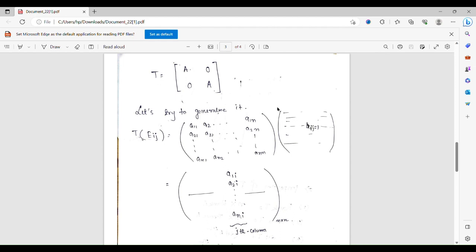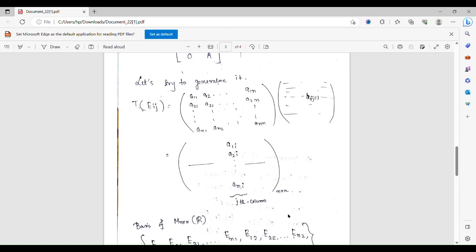Since all the other entries except the ijth entry of this matrix are 0 and only the ijth entry is 1, after doing the product we get all the other entries 0 except that the jth column must be non-zero, and the entries of the jth column are a1i, a2i, dot dot dot, ani, and all the other entries are 0. So this is an n cross n matrix. So I just computed T of Eij in this way.